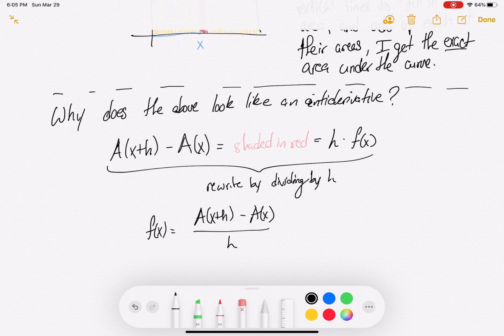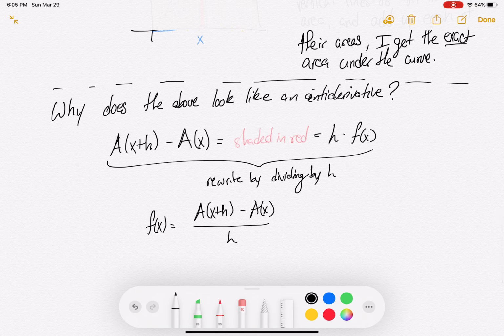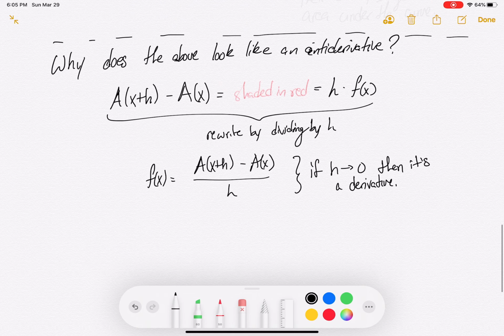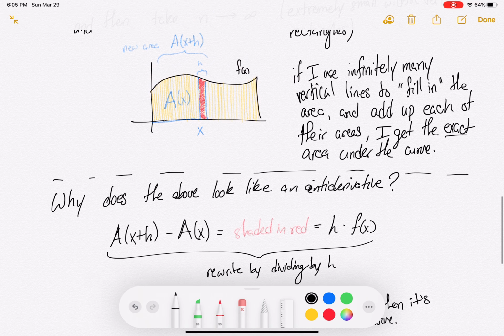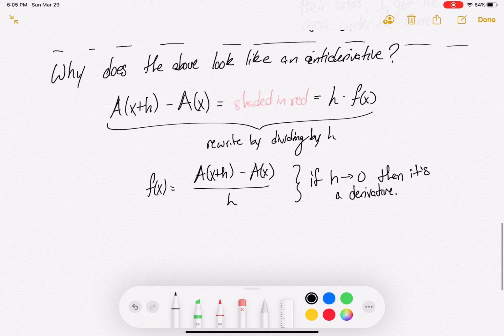And now all of you, you better be able to see what's going on here. If h goes to 0, then it's a derivative. Or in other words, we certainly can push h to 0. There's no reason why we can't. So we push h to 0.